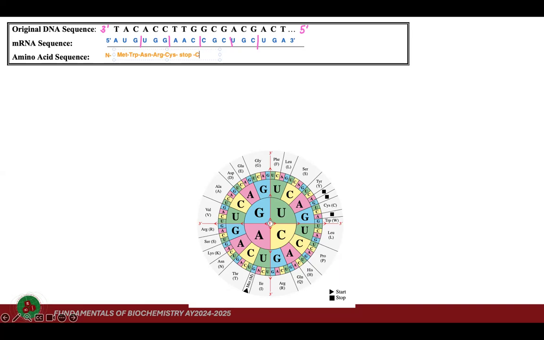So that's the C terminal. The C terminal residue is cysteine.